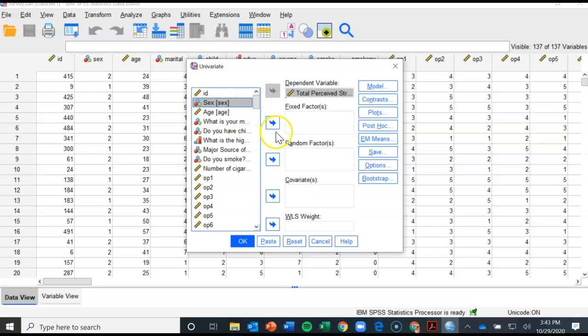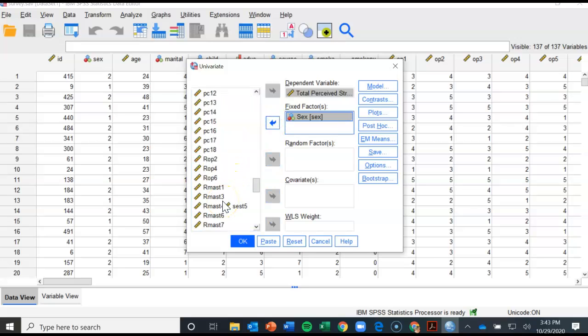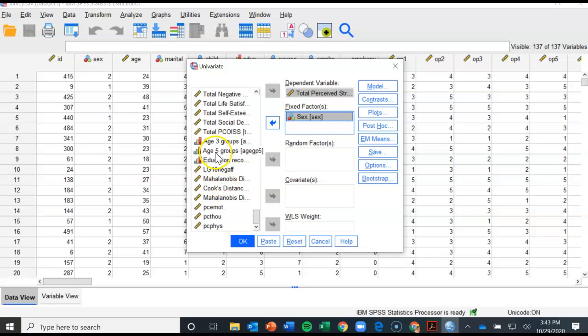Then the instructions say to select your two independent variables, which are both categorical variables. So first we want sex. We're going to put that in the fixed factor box. And then we need to go down to the bottom where we have age that's been recategorized into 5 groups, and we put that into fixed factors as well.